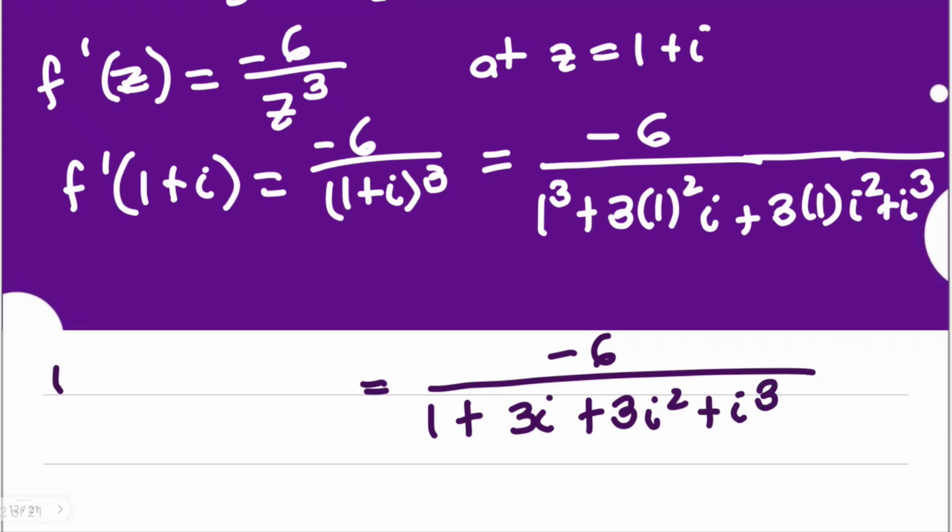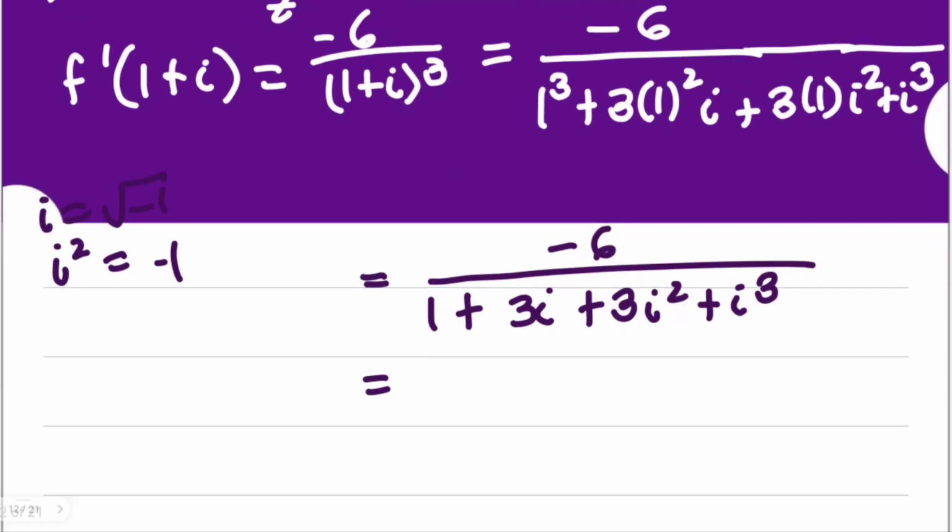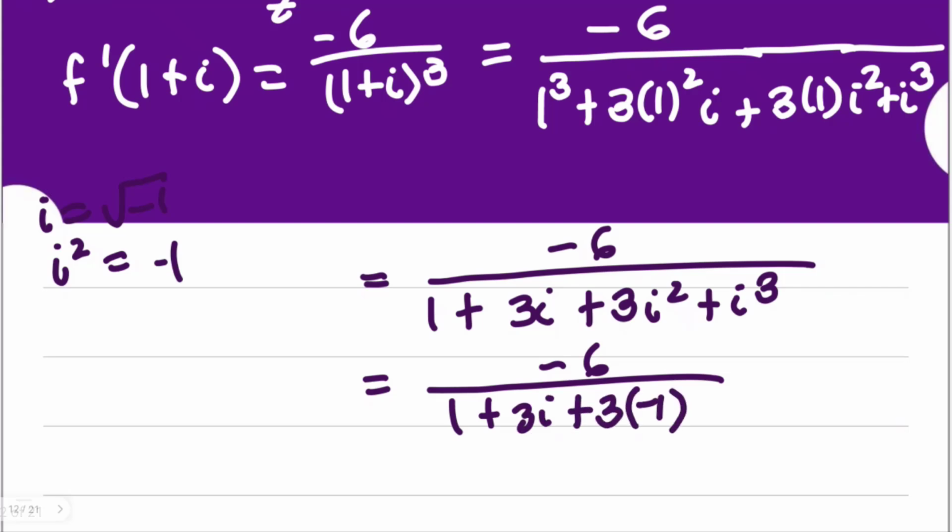Take note that i squared is equivalent to negative 1 because i is equal to the square root of negative 1. That would mean negative 6 over 1 plus 3i plus 3 times negative 1, as i squared is negative 1. Then plus, we know that i cubed is i times i squared, and since i squared is equivalent to negative 1, we have negative i as well.